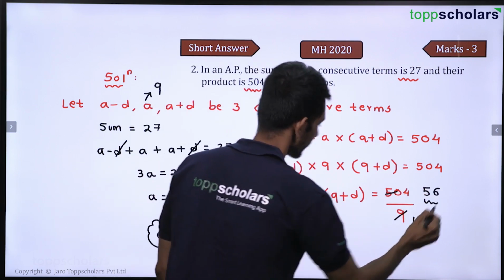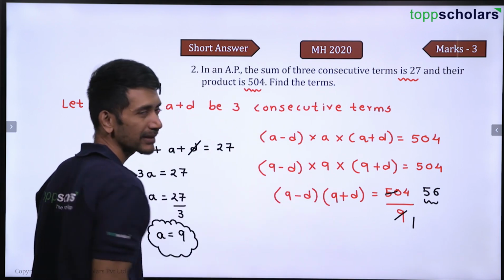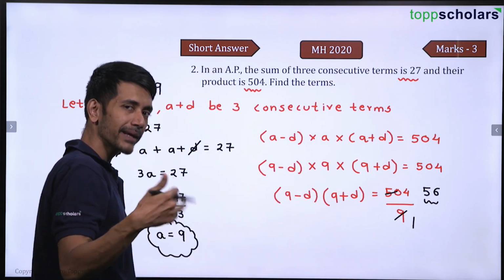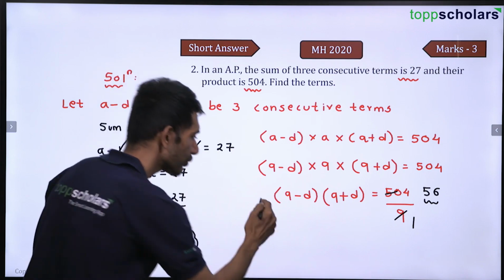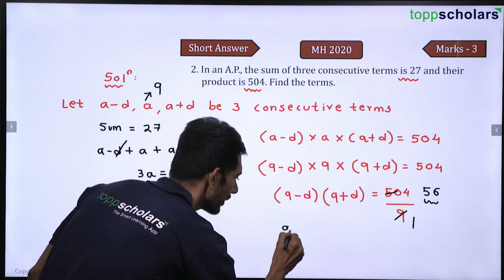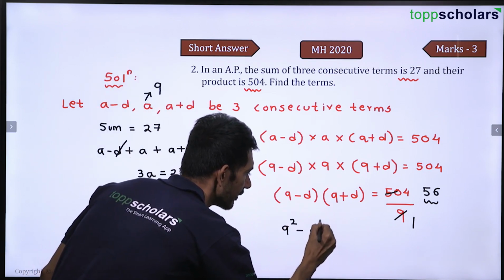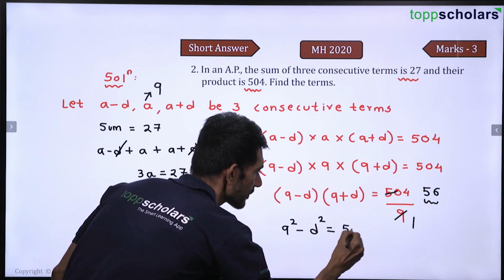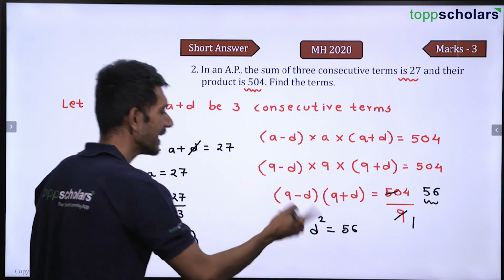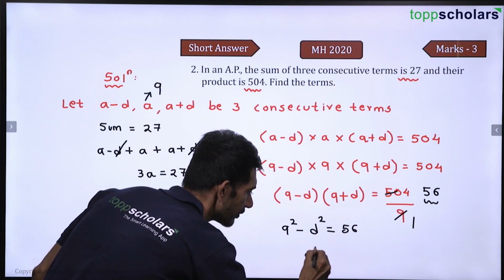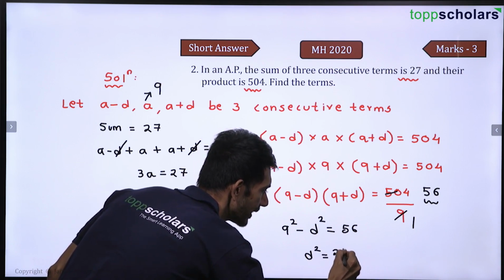So you get 56. Now this is 9 minus d, 9 plus d. So can I say this is a minus b into a plus b, a square minus b square? That is 9 square minus d square. So 9 square minus d square is equal to 56. 9 square is 81. 81 minus 56 is 25. So can I say d square is 25?